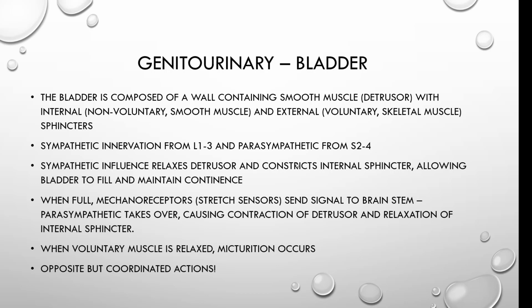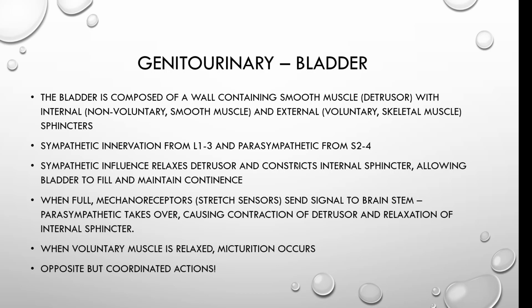The bladder slowly fills with urine. As it fills and stretches, there are mechanoreceptors that detect stretch in the muscle and send a signal to the brain stem, where parasympathetic cell bodies take over, sending messages in the parasympathetic system that cause contraction.